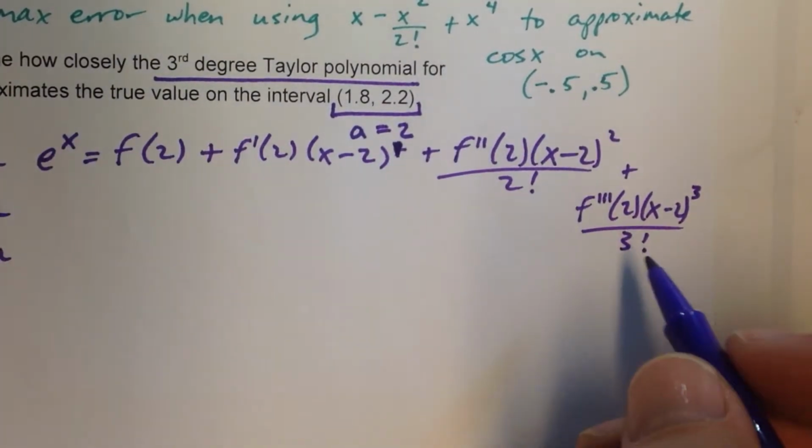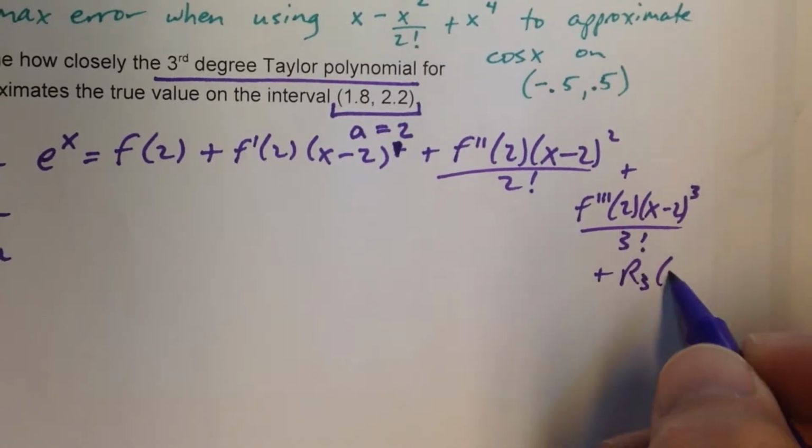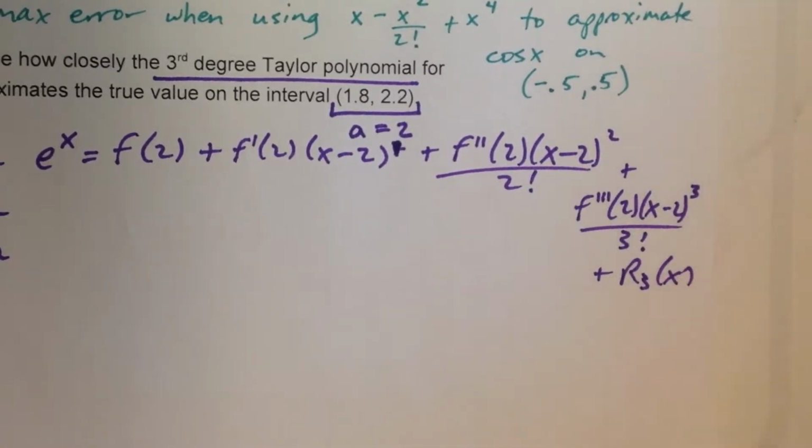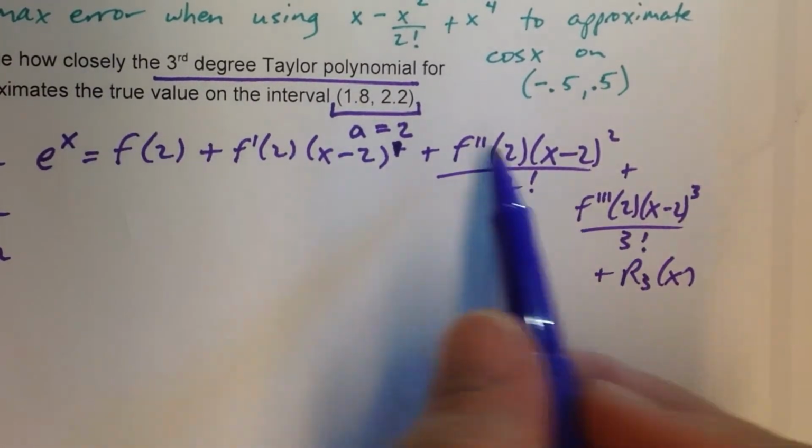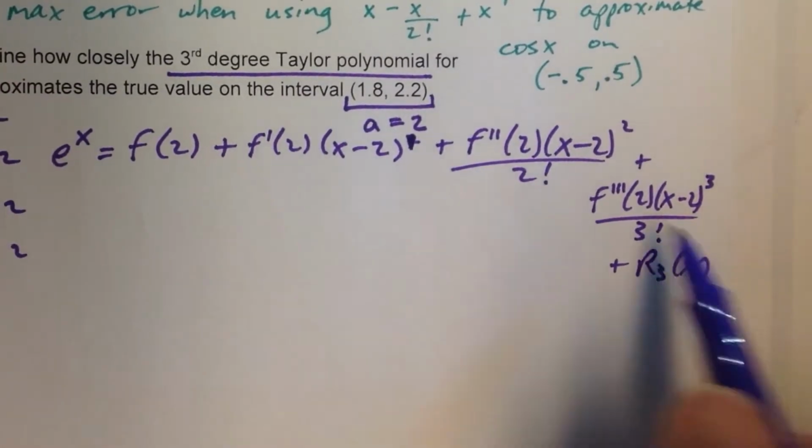Okay, so we have plus the remainder R3 of x. We're really concerned about the remainder, so we really don't need to generate all these terms. I just wanted to re-emphasize that that's how we would do this.